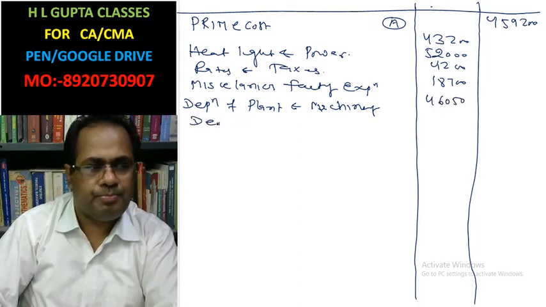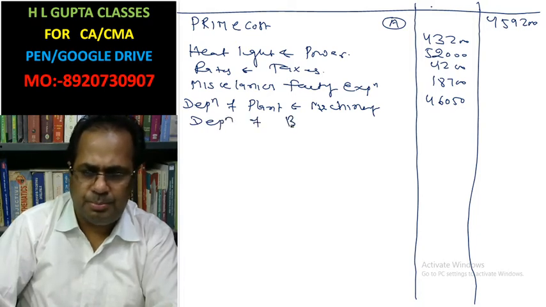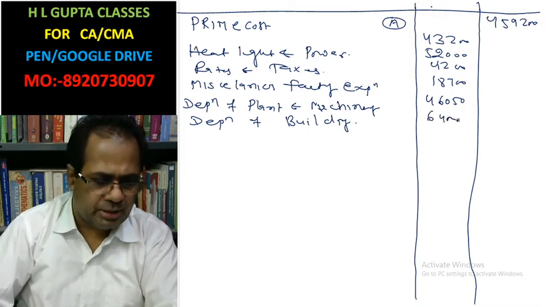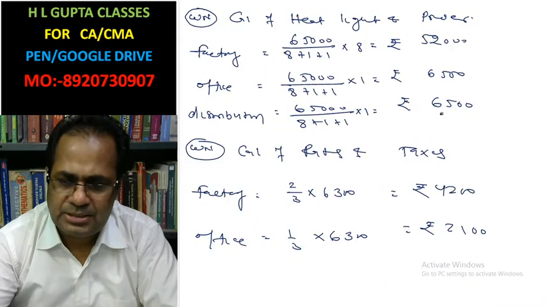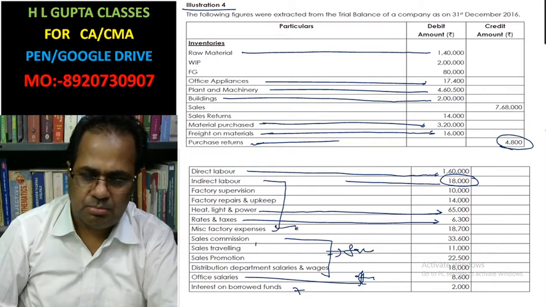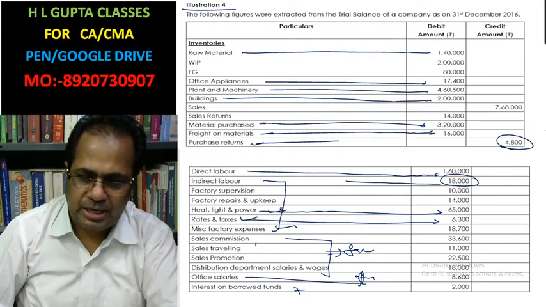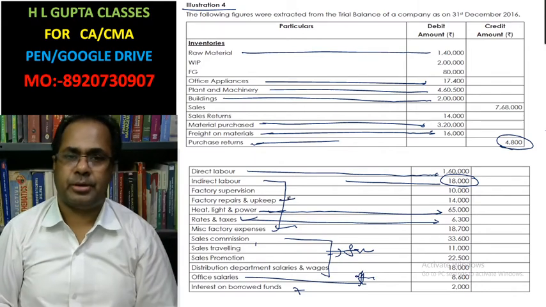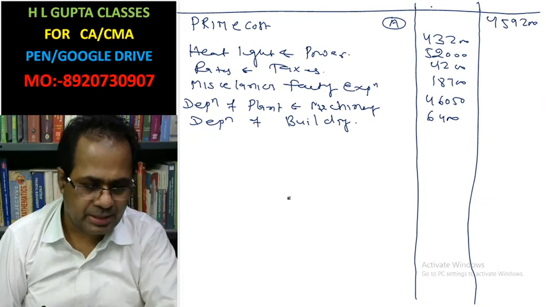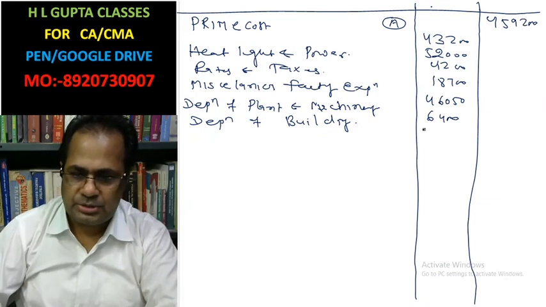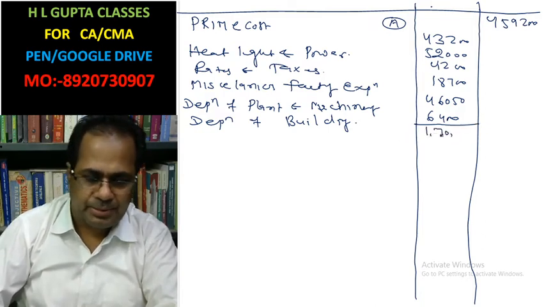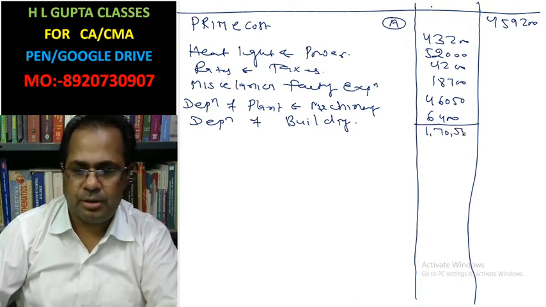Depreciation of building, that is 6,400. All these expenditures are given here for factory. Now we have factory expenses, this is 1,70,550.